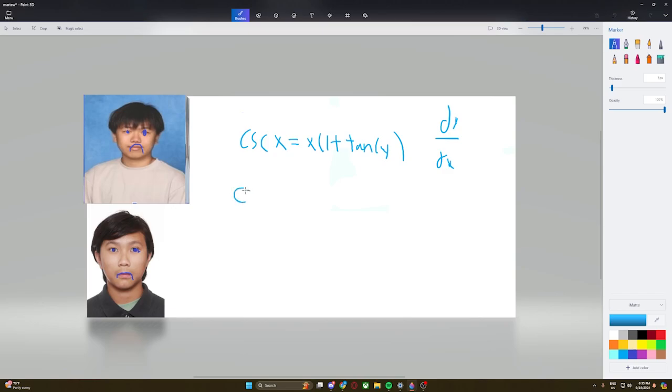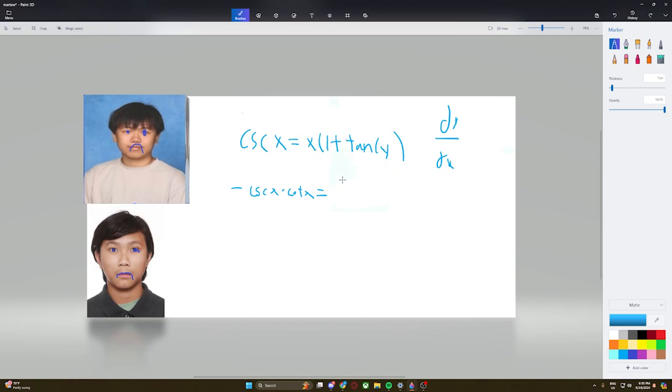So csc derivative is negative csc x times cos x. And that's equal to the product rule of this, because this is one thing, that's one other thing.